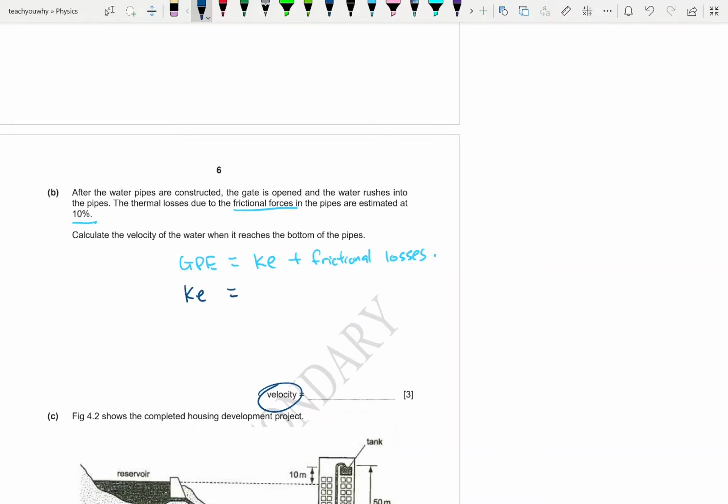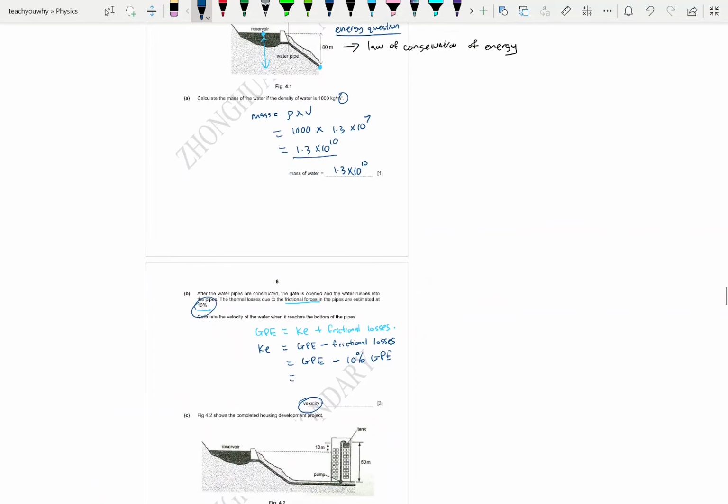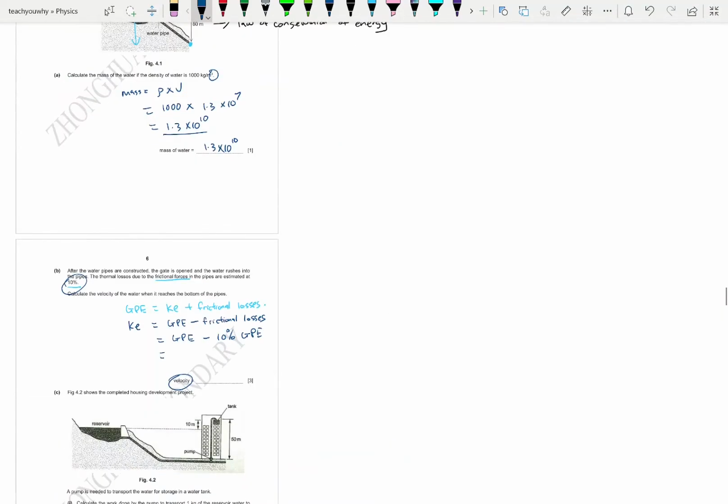So KE equals GPE minus frictional losses, and that equals GPE minus 10% of GPE. Okay, 10% of your conversion from GPE to KE, and therefore we are able to find the GPE.